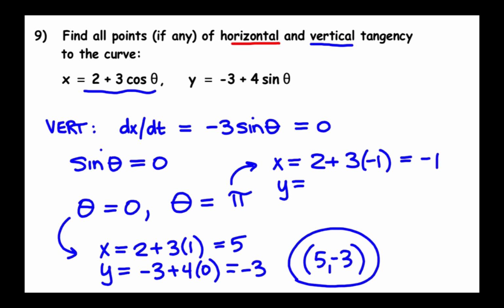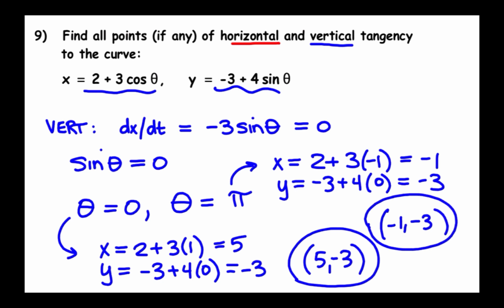For the y, you're going to have negative 3 plus 4, and that's going to be sine of theta. But again, sine of theta is 0. So that's just negative 3. And so your other point will be (negative 1, negative 3). And so your vertical tangents will be at those two locations. So (5, negative 3) and (negative 1, negative 3).